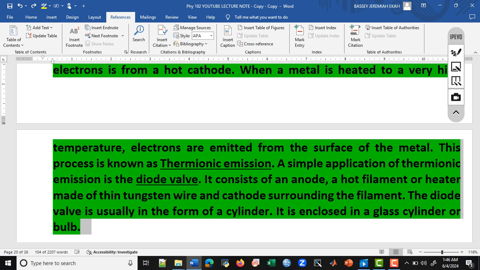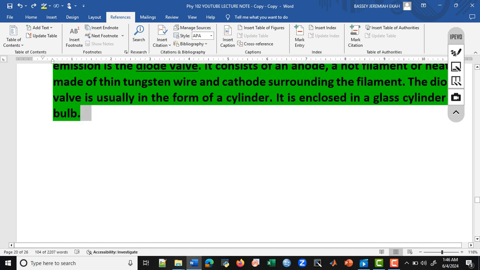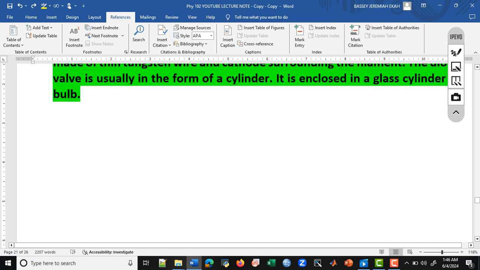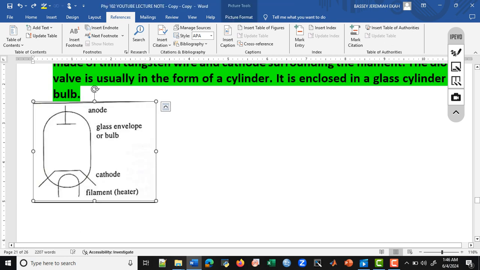The diode valve is usually in the form of a cylinder. It is enclosed in a glass cylinder or a bulb. Let's look at the figure below for proper understanding. So you see this figure here represents the diode valve, and these are the labeling.